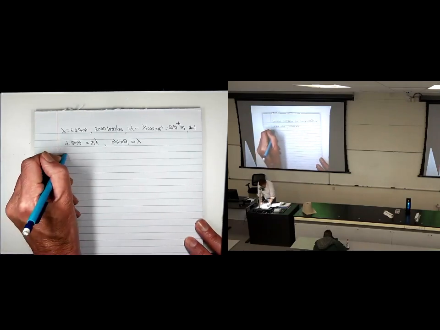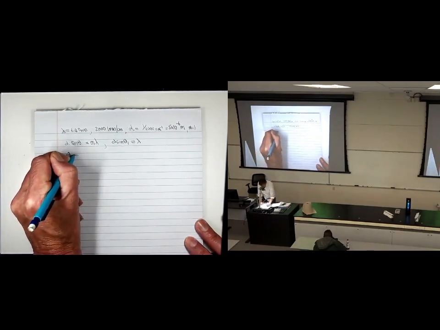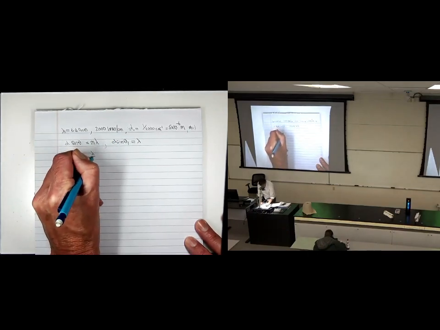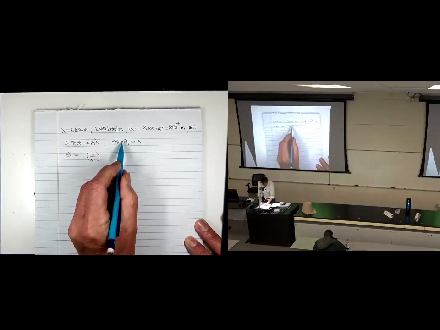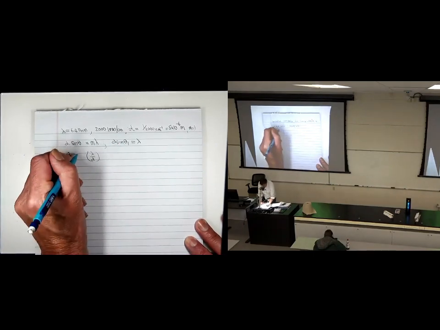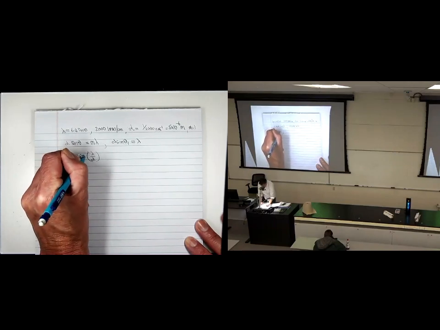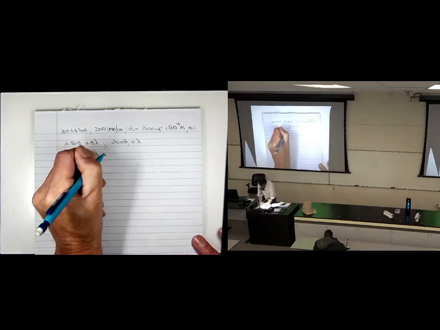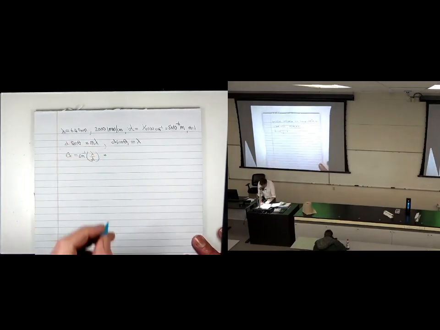I can just rearrange this to find out what theta is. If I want to find out what theta 1 is, I could divide through by d, so sine theta would equal lambda over d. Let's take the arc sine, inverse sine. So theta 1 would be the inverse sine of the ratio of the wavelength of the light to the slit separation. I know both these numbers, right?